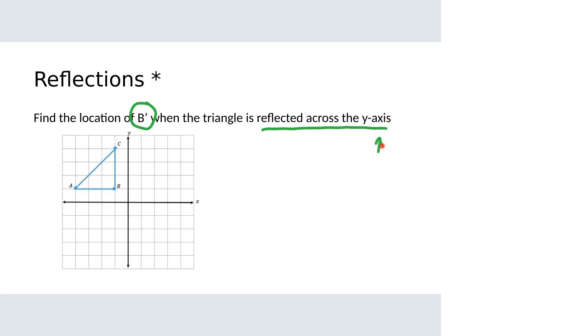What this means is that this is our line of reflection. So we've been given the line of reflection in the problem because we're reflecting across whatever the line of reflection would be. And so I'm going to need you to give me the coordinates of B prime after we do that reflection.